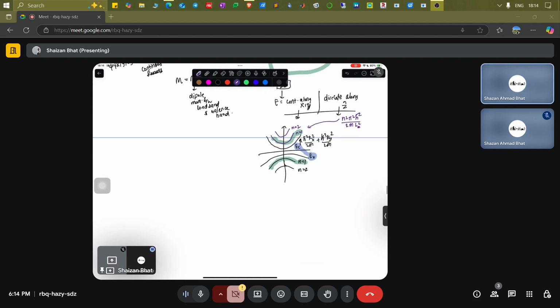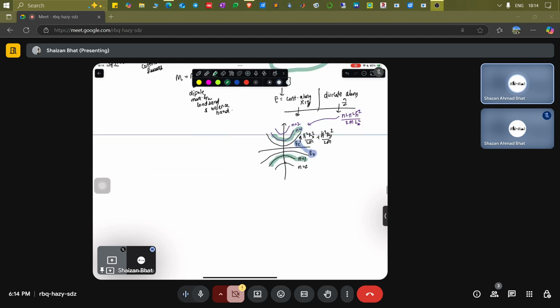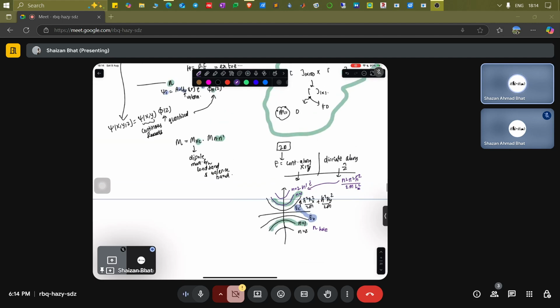That's different, that is the actual story. So you have a dipole moment for the conduction band and valence band, and a dipole moment for n and n dash, which are these subbands. This is for the holes, this is for the electrons. That is the actual picture. You might get confused by the notation sir has used, so this is the exact representation.